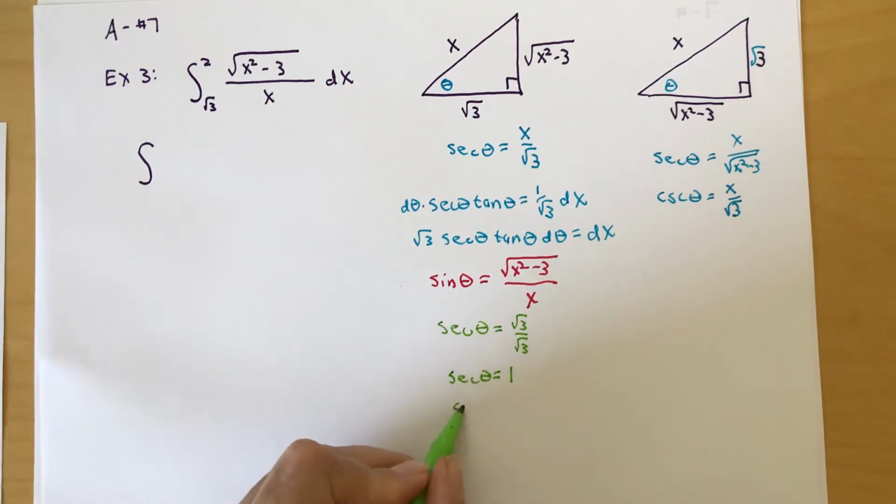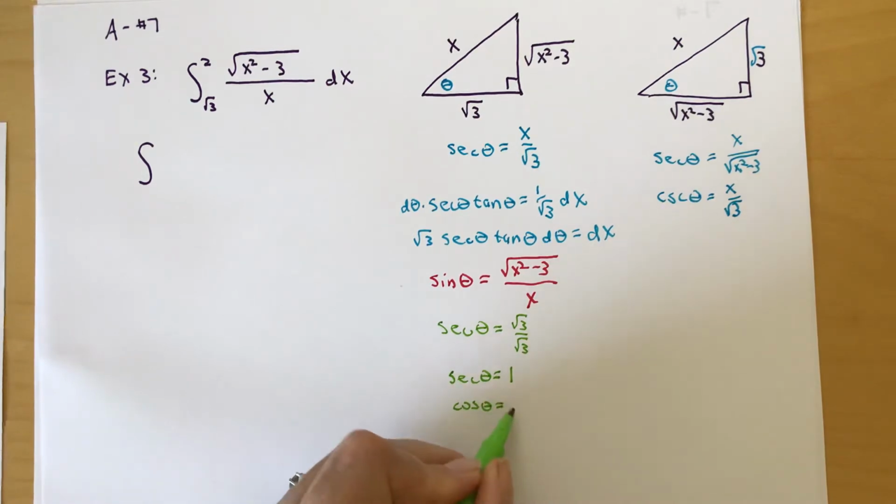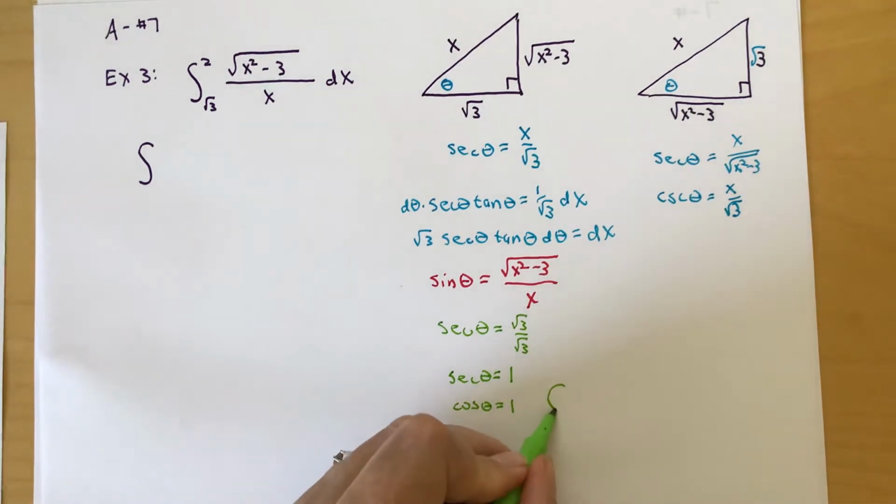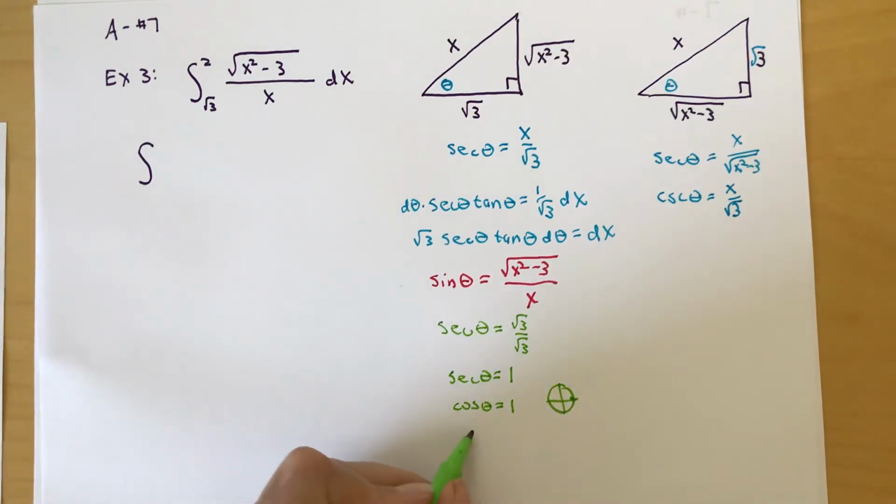If I take the reciprocal of both sides, that would be the cosine of theta is equal to 1, which happens at 0, which is great.